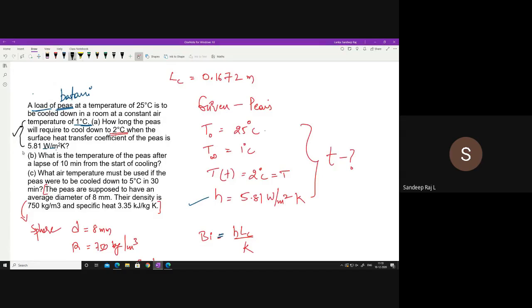Let's move on to the next question, that is B. What is the temperature of the piece after a lapse of 10 minutes from the start of cooling? He's asking. So in this question, your temperature is not known, and time is considered to be known.